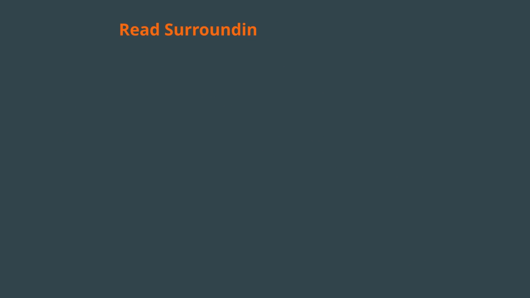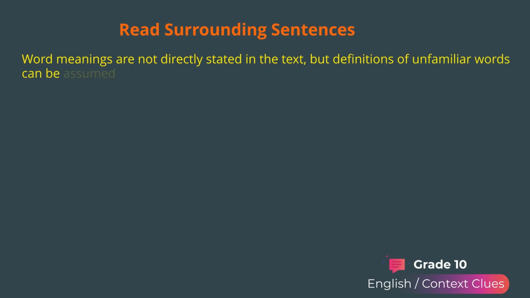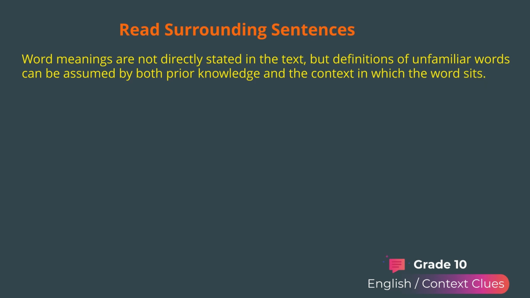Read surrounding sentences or make an inference. Word meanings are not directly stated in the text, but definitions of unfamiliar words can be assumed by both prior knowledge and the context in which the word sits.